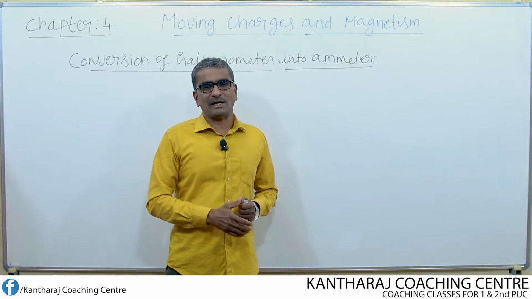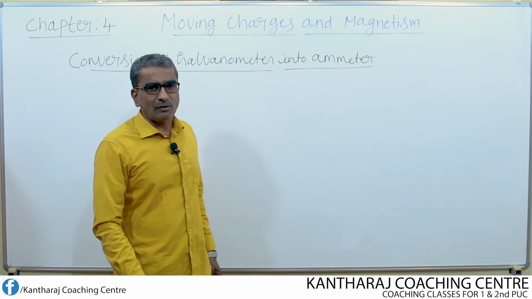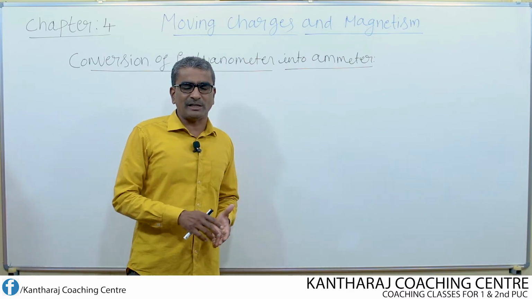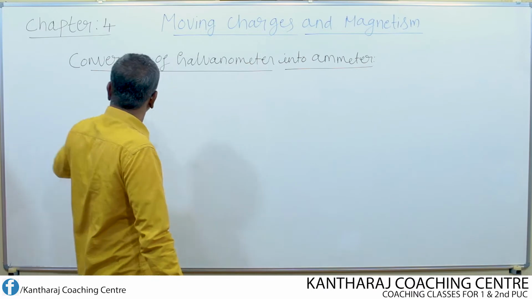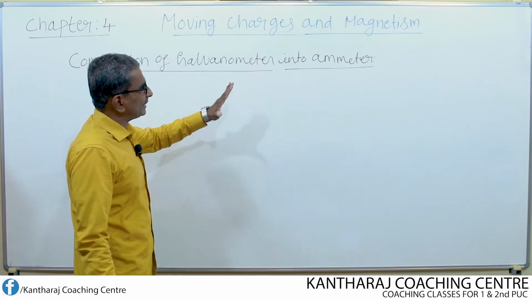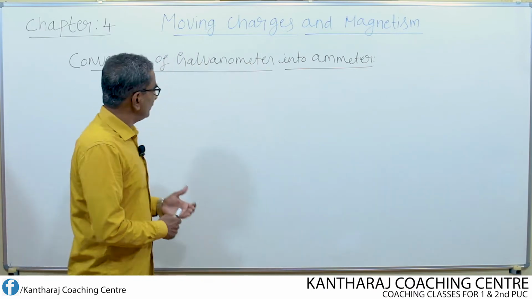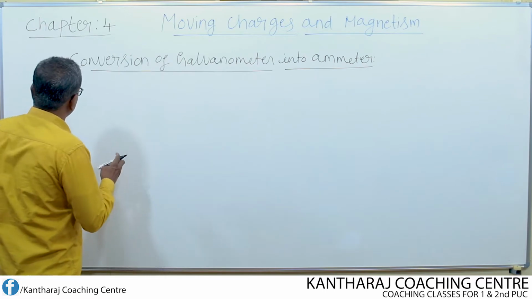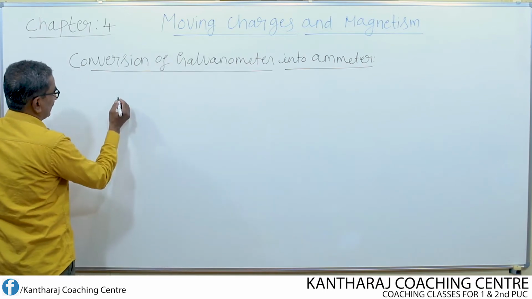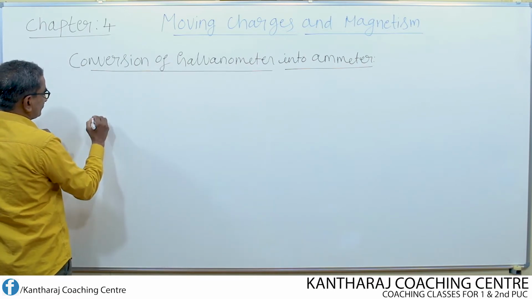So, in our today's class, we shall study about how we modify the galvanometer into ammeter, that is conversion of galvanometer into ammeter. Now, let us know some basic things about this galvanometer.